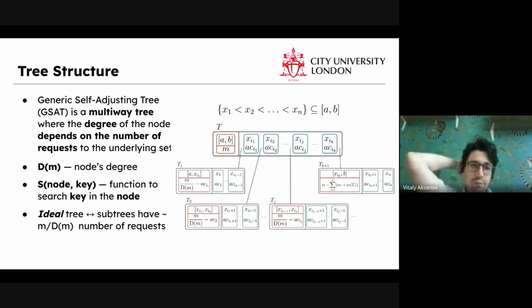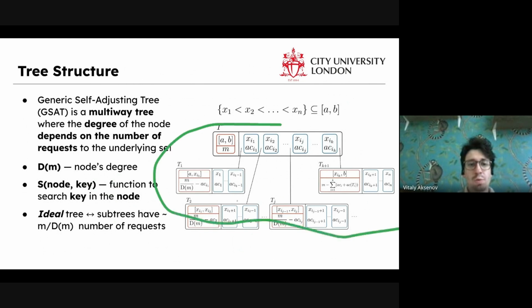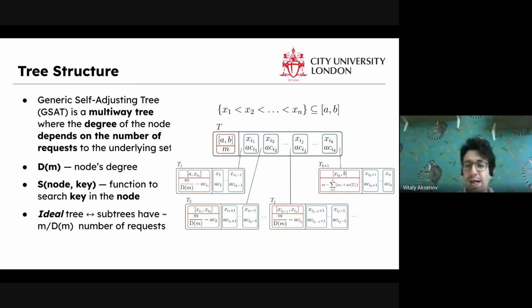For multi-way nodes, we make sure we have all the elements, and to build the ideal tree, we do not take each square root of an element as in the ideal tree for the normal case, but we split the list of elements such that the number of requests per each sub-interval is no more than square root of m, where m is the total number of requests.